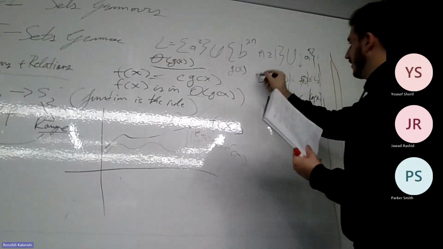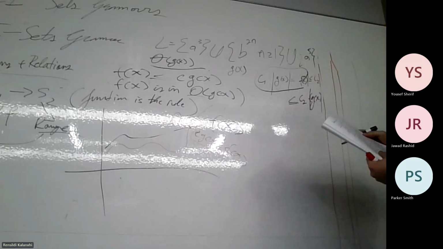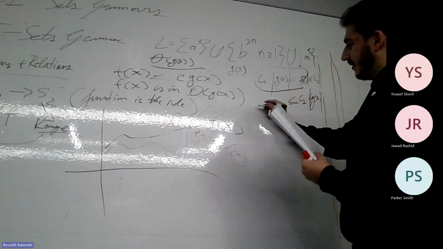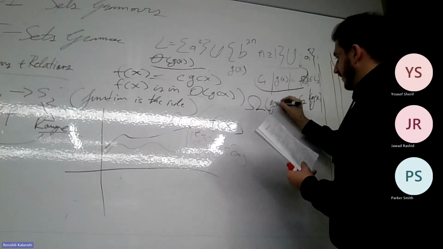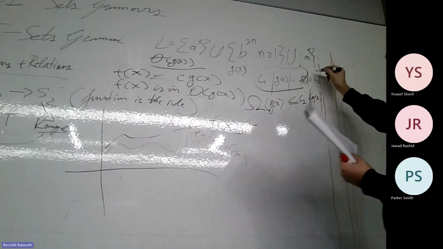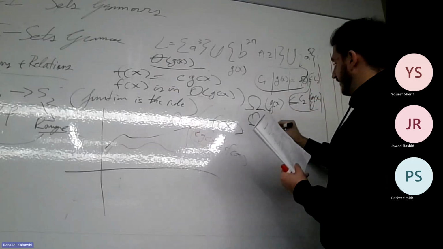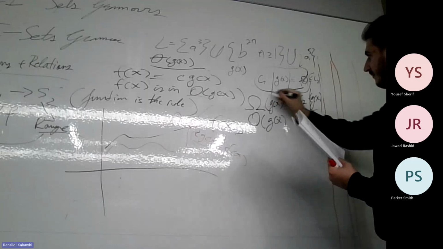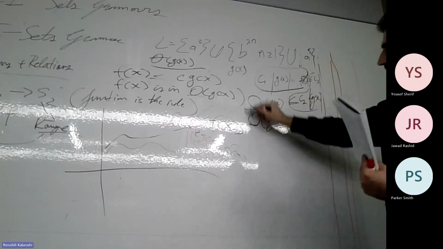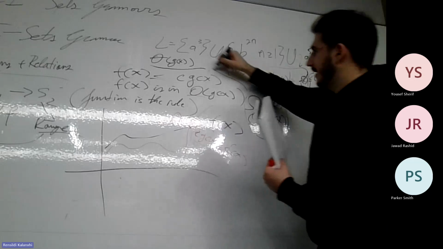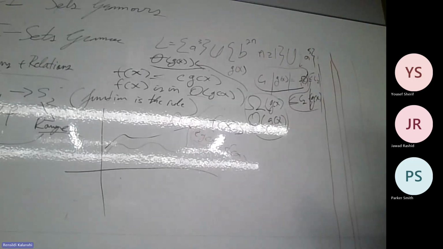So if f of x is bigger than g of x in growth, then it is omega of g of x. And this one over here will be big O of g of x. And if both hold, both omega and big O, then it is theta of g of x.